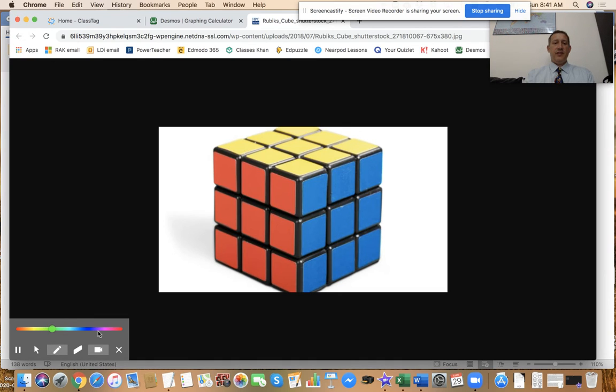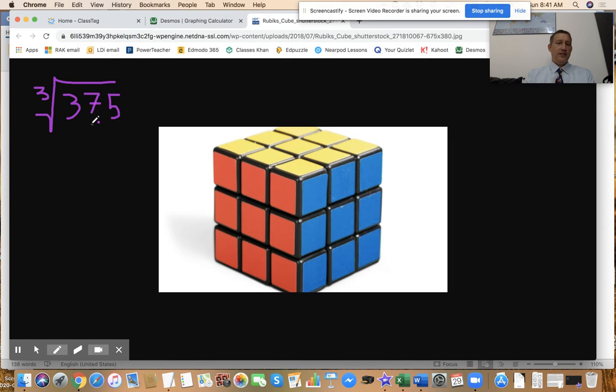Can we simplify cubes? Yeah, you can simplify cube roots just like we simplified square roots. So let me give you an example. What is the cube root of 375? I can see I can divide it by 5. If you're really clever, you can see that you can actually divide it by 25. But let's just divide it by 5 to start off with.